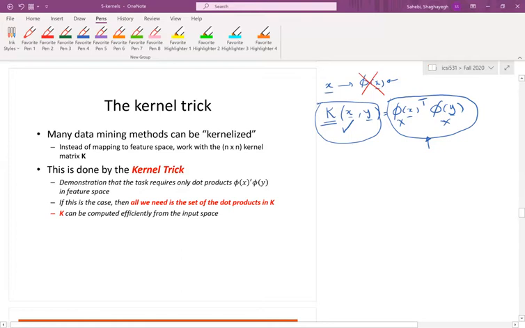Because instead of the dot products, what we are working with is the kernel matrix that is going to be calculated according to the original feature space. So we won't need to have access to phi of x directly, right? Then we are going to be done and we are going to have a kernel trick that works.